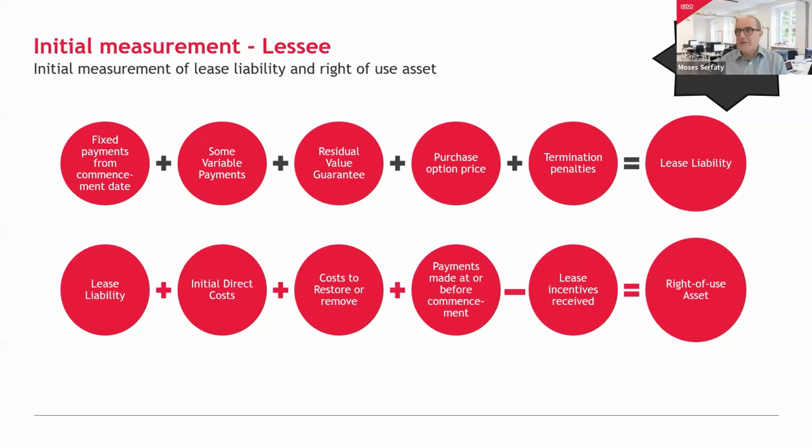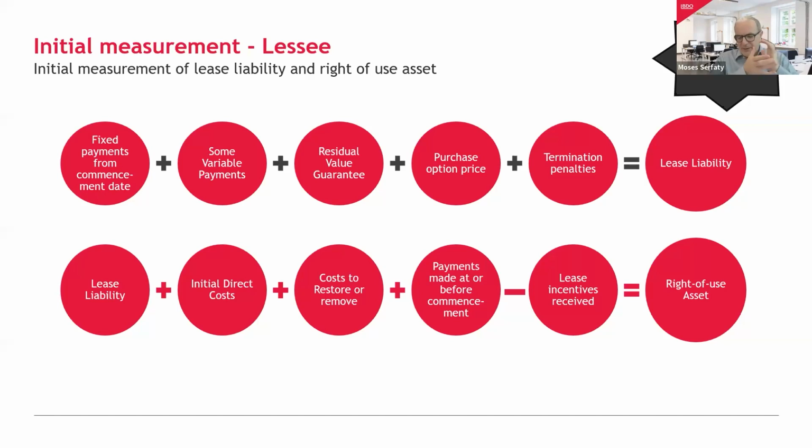So you might have classified it as a prepayment or some other asset before, and then you would reclassify that to your right of use assets. And then you deduct any lease incentives received. Worth pointing out that the definition of lease incentives is different now, but again, in substance, it shouldn't lead to a major change in terms of what you might have considered a lease incentive in the past.